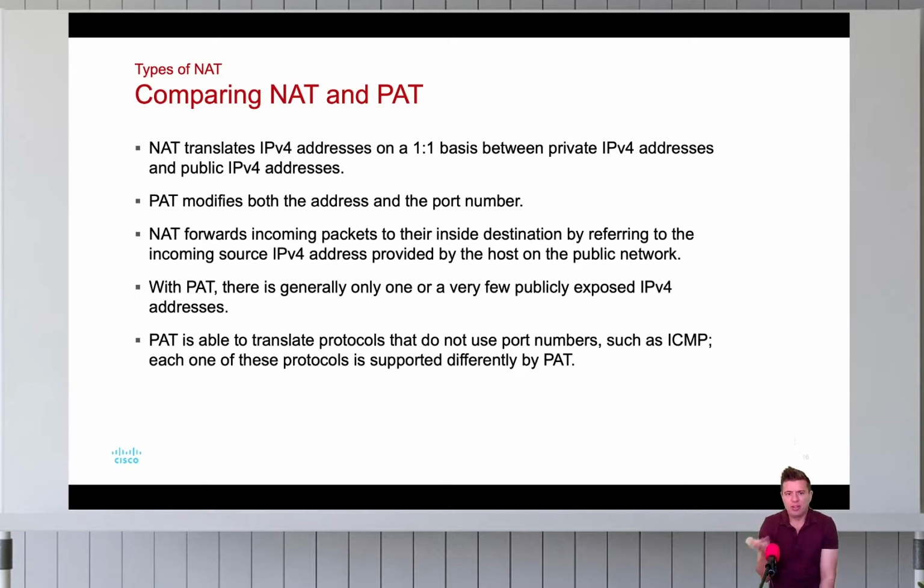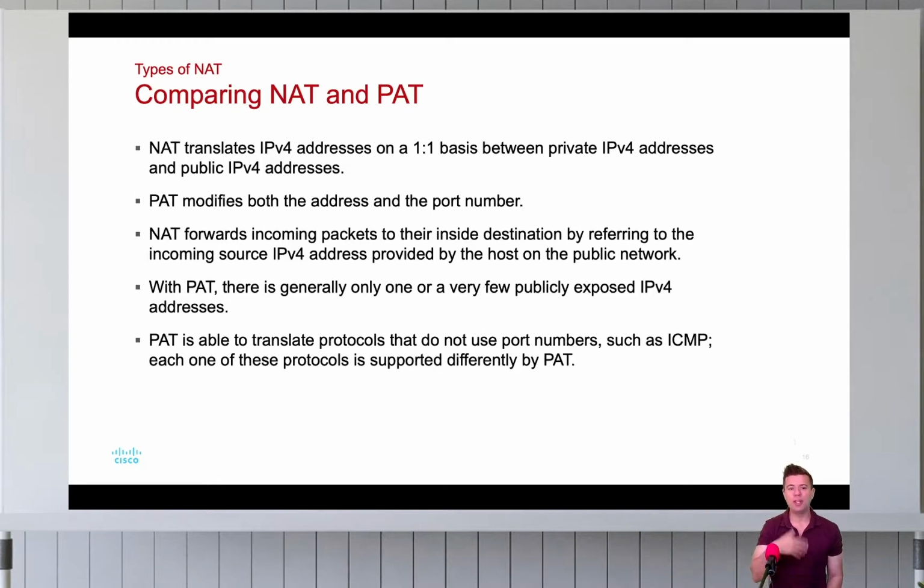Think about it. If you have 4,000 devices trying to connect using the same IP address, there's always the chance that 2 out of the 4,000 devices may be maintaining a conversation using the same port numbers. Then obviously PAT needs to be able to make a plan to assign other port numbers to the conversation.